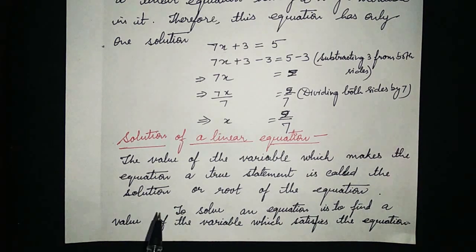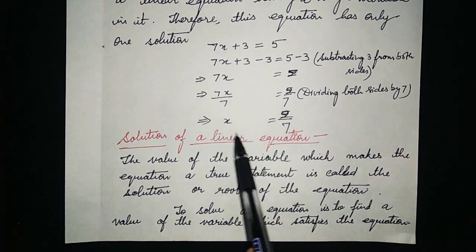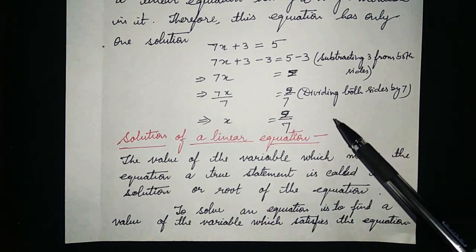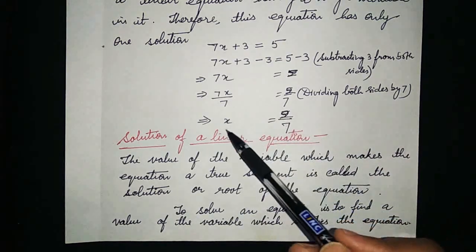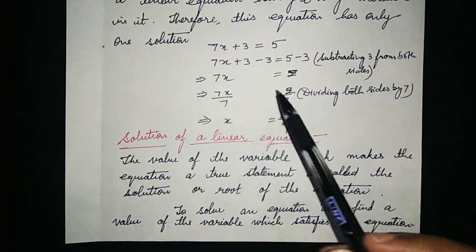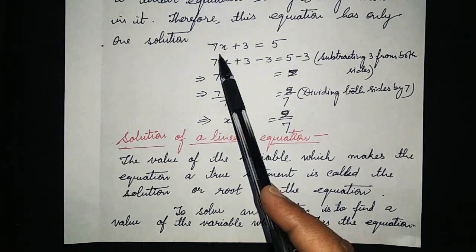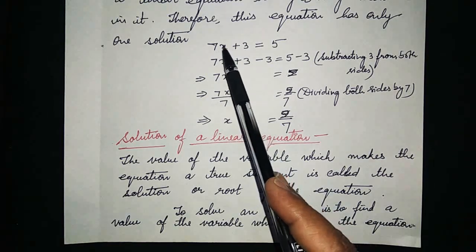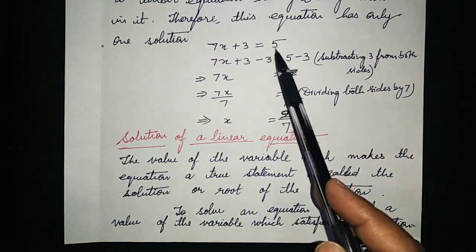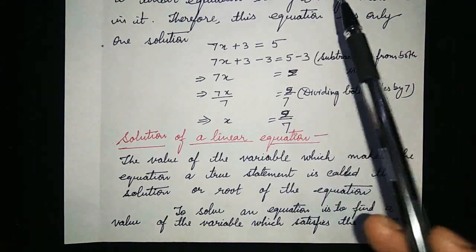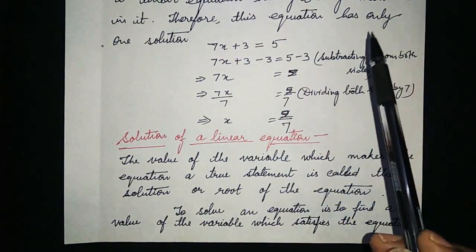It means when we calculate the value of x, what does that mean? If we put the value of x in the given equation, and if we get left hand side equal to right hand side, that means the equation is true.